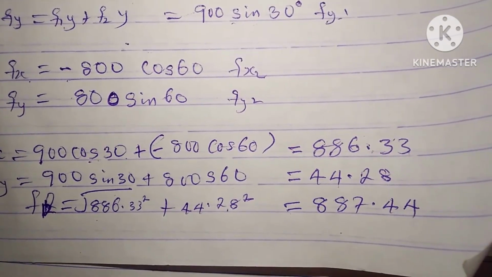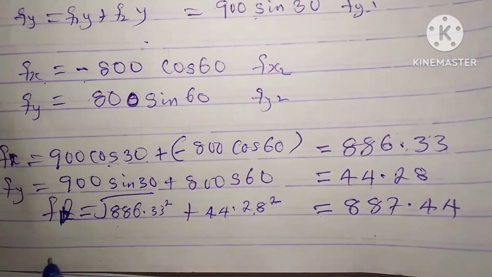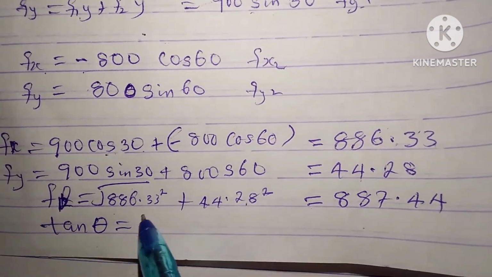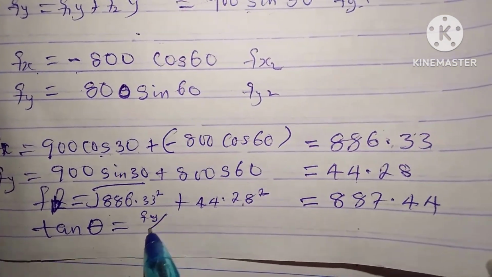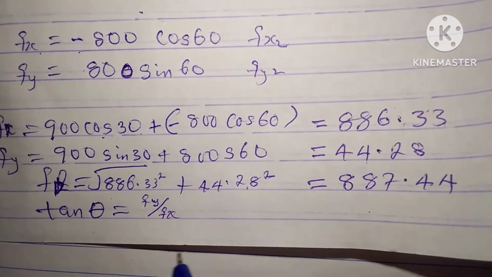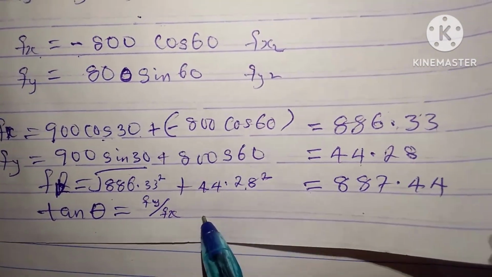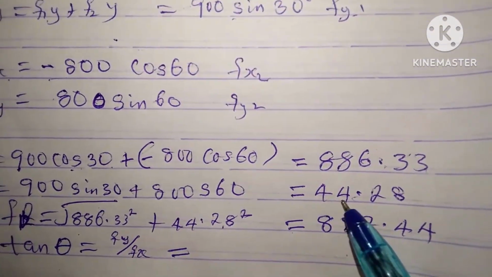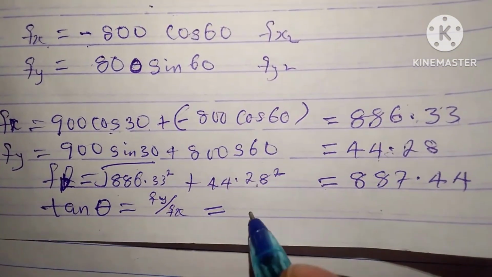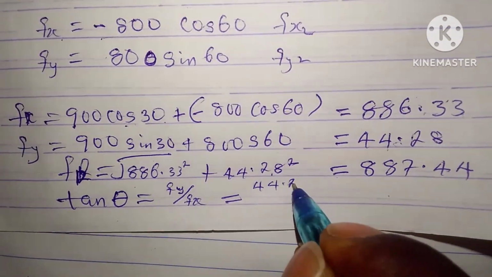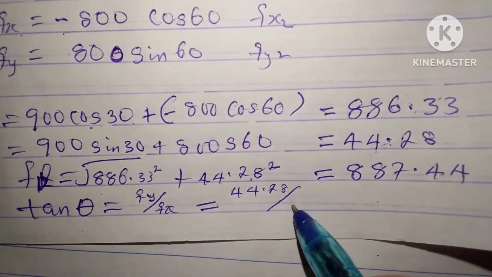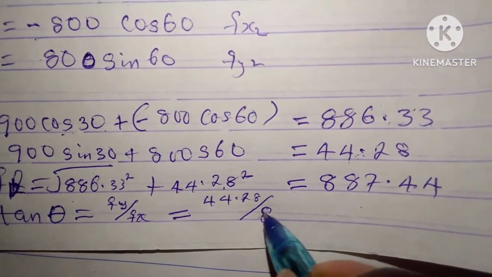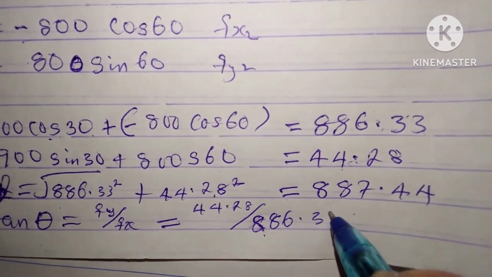So what is the ratio of their angle? Tan theta will be equal to Fy over Fx. From here, Fy is 44.28 over Fx, which is 886.33.